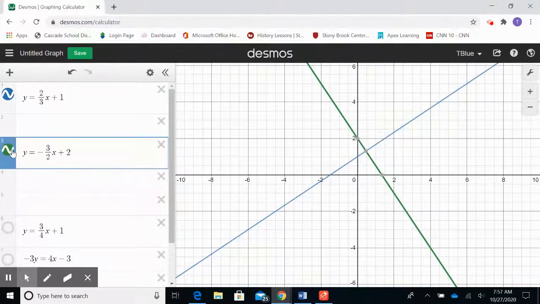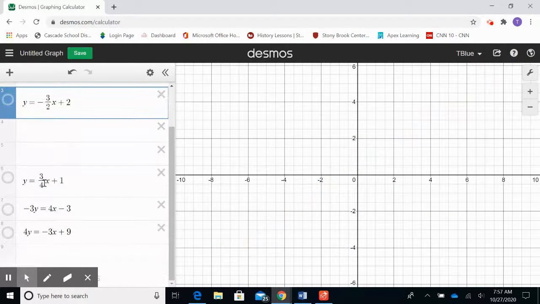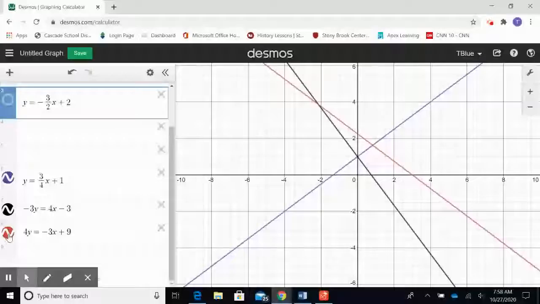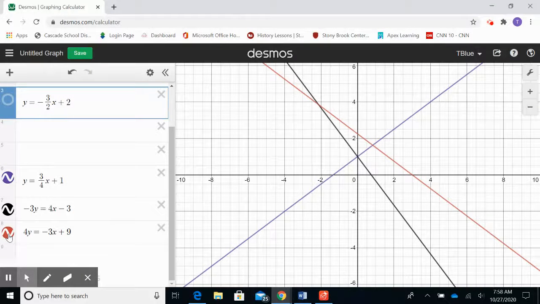So, for number 13, here we have y equals 3/4 x plus 1. That's line A from number 13. Then we have negative 3y equals 4x minus 3. That's line B. And then we have 4y equals negative 3x plus 9. That's line C. So there's our three lines.